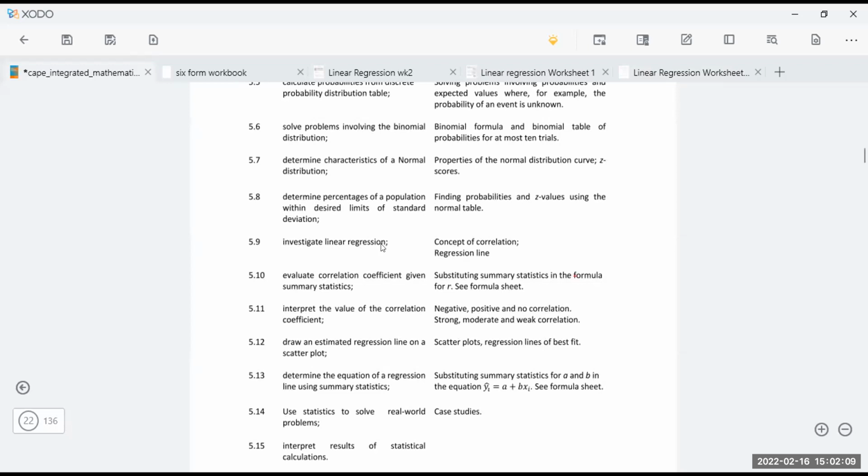Investigate linear regression, understanding the concept of what is correlation, regression line, being able to find the R value, understanding what is meant by negative, positive, no correlation between two variables, strong, moderate, and weak correlation. Then we need to talk about scatter plots and regression lines of best fit. Then determine the equation of the regression line using summary statistics. And then we need to be able to solve real world problems using regression.